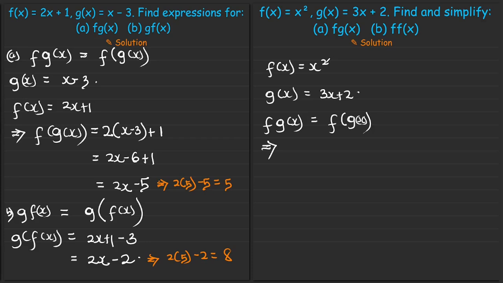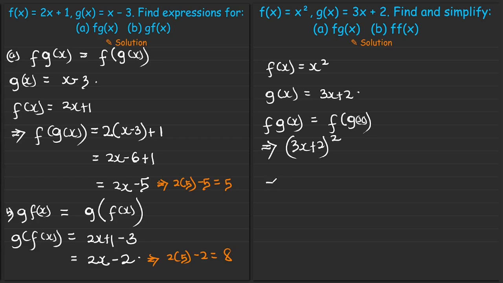It says x squared. Whatever is inside in place of x should be squared. In this case, what is inside is what? G of x. So we are going to square 3x plus 2.